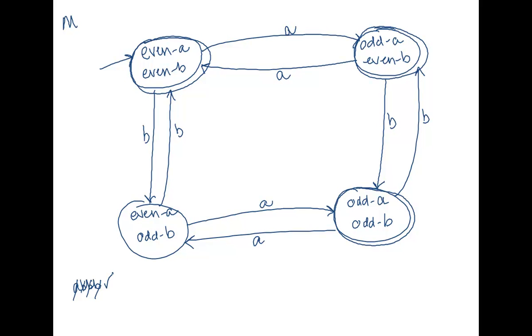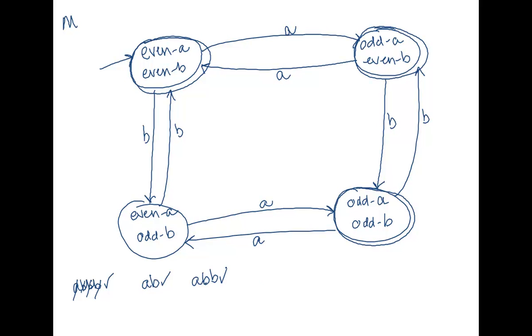Without running through the states for some of the other strings, I'm just going to write them down here. We can verify to ourselves that we should accept on these. So AB is going to put me in odd A, odd B, and that's a final state, and that's good. We also had ABB. Okay, so odd A, even B, and that's a final state, so that's good.